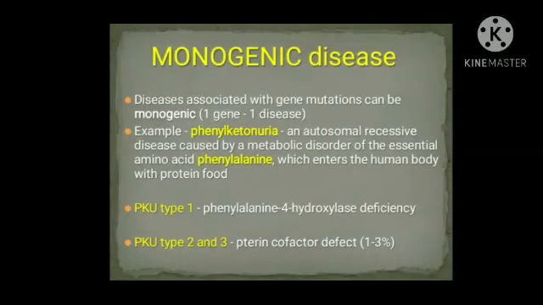We can speak about examples of hereditary disease. First, I give two examples of monogenetic disease. Diseases associated with gene mutations can be monogenetic, when one defective gene becomes the cause of one disease.